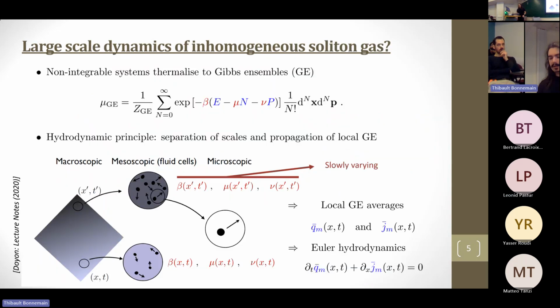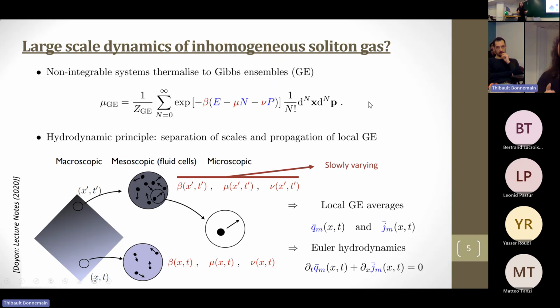Okay, so now we can ask ourselves, what about the thermodynamics of the Soliton gas? And even more, what about the large-scale dynamics, the hydrodynamics of Soliton gas? What does it look like? So this figure I've already gone over twice already, so I'll be a bit quick, but we know that non-integrable systems tend to thermalize, they relax to equilibrium, which is described by this Gibbs measure here.